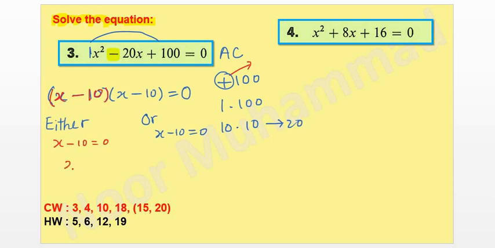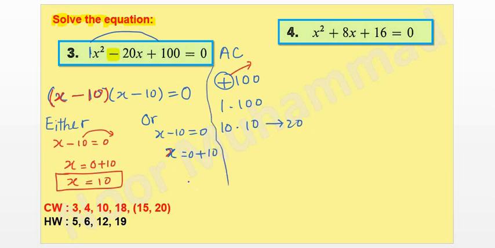You will get x equals 0 plus 10, because if you move this 10 to the other side, it will change into positive. So we are getting x equals 10 from this factor. And on the other one, x equals again 0 plus 10. Okay, so you are getting x equals 10.